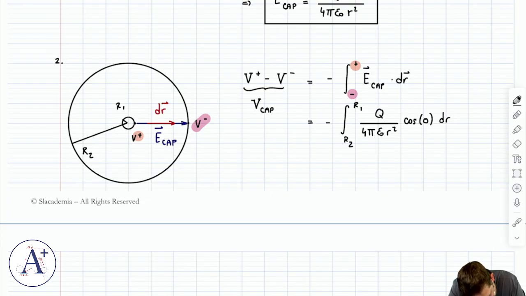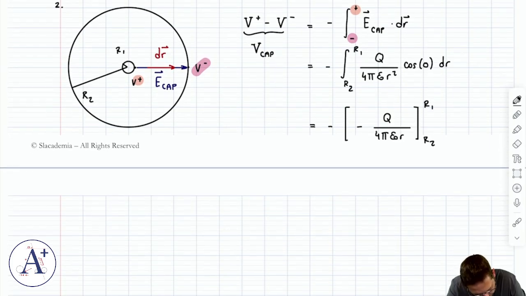Now cosine of 0 is 1, and if I integrate 1 over r squared, I get minus 1 over r. So this is going to be minus Q over 4 pi epsilon naught r evaluated between R2 and R1. The minus signs cancel each other out.